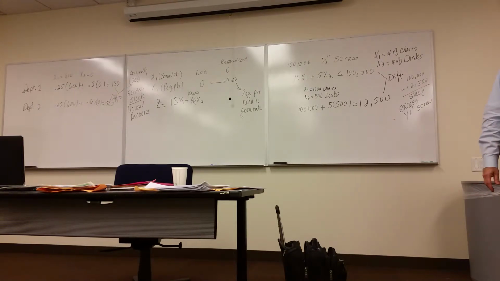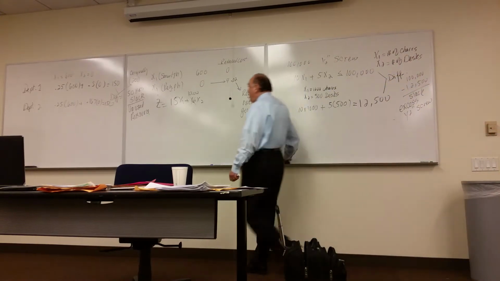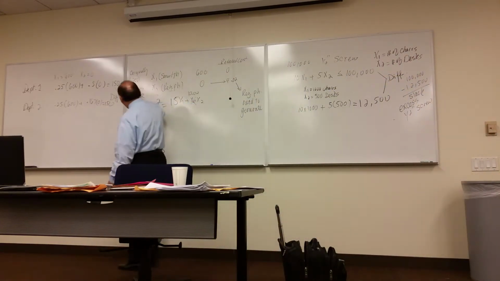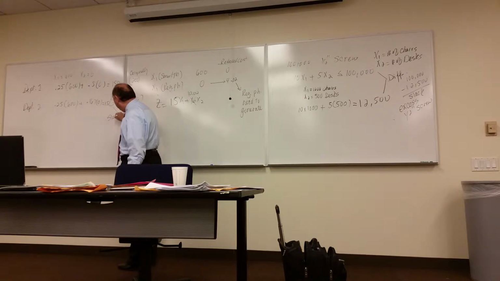I understand that, but I don't understand why Department 2 is the bottleneck and causing a problem. Okay, Department 2 originally had 150 hours of labor, and you used 150. So slack is 0.